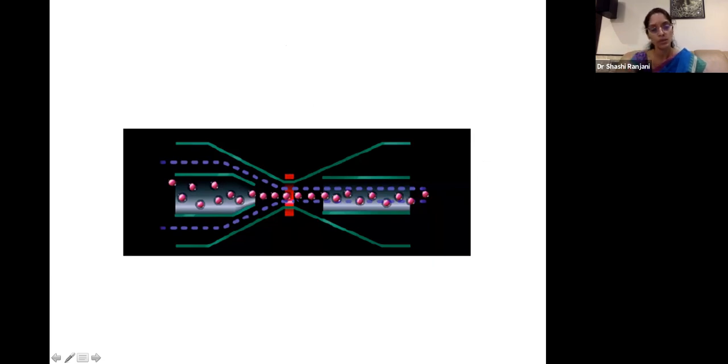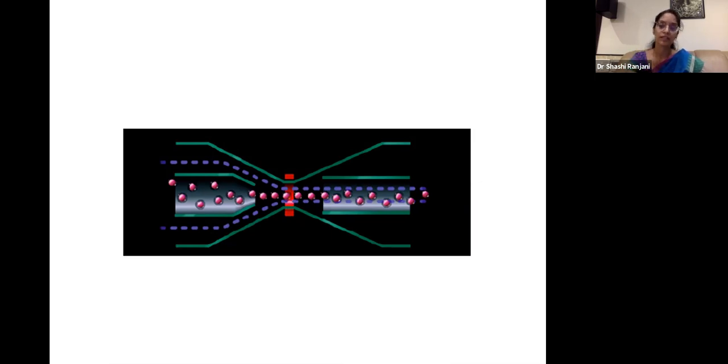But what we should know here is that for this to be effective, it requires a single line of cells, as in a single cell should pass through that electrical zone at a time. If two cells pass this red area at a time, then the sensor is going to count them as one particle.